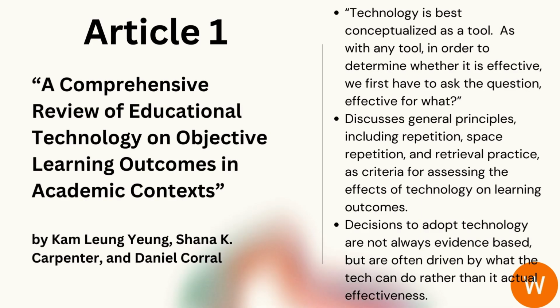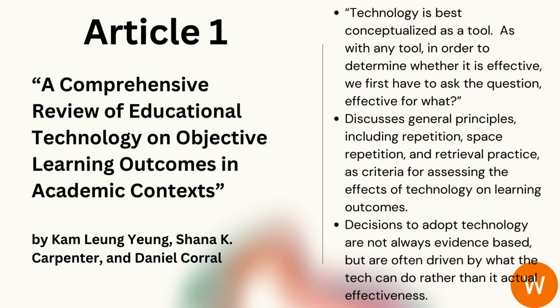The first article I would like to discuss is "A Comprehensive Review of Educational Technology on Objective Learning Outcomes in Academic Context." According to Young, technology is best conceptualized as a tool. As with any tool, in order to determine whether it is effective, we first have to ask the question, effective for what?